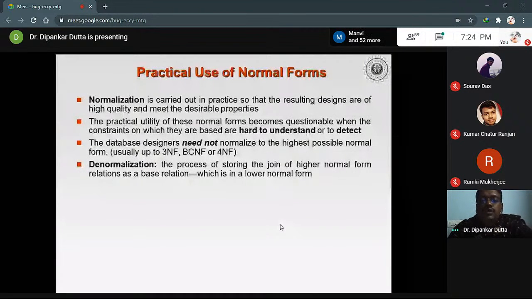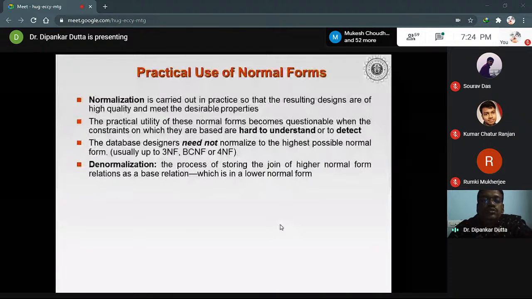Now, we are talking about normalization. Another thing is denormalization. In the process of normalization, normally what we are doing, we are dividing a big table into smaller tables. Denormalization is the opposite process, when we are joining two tables to make a big table.